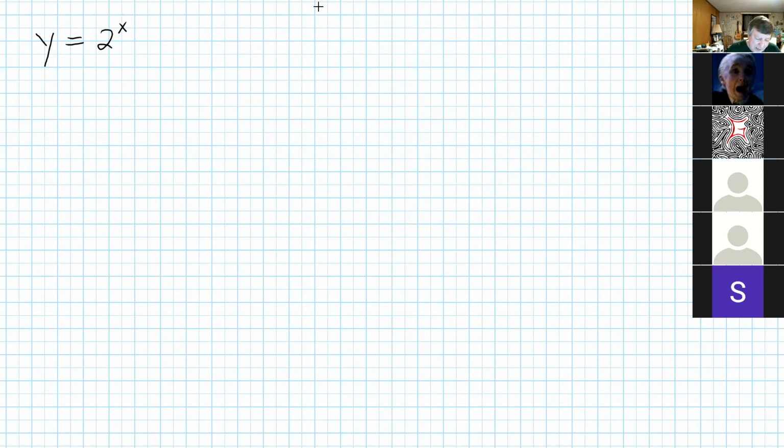As I've said in the past, when I'm graphing something that I don't know anything about, I tend to start by graphing with x values going from -3 to +3. So let's take a look at what happens there.